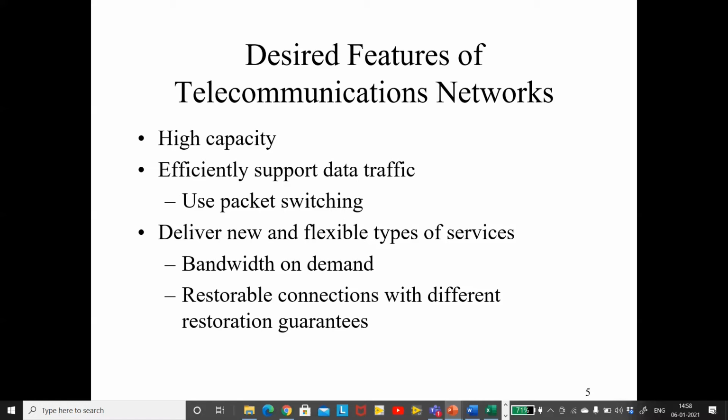Now coming to the next point: why do you need a network? It should not only give you a higher capacity, but also improved performance or efficiency with respect to the data traffic that you are handling.